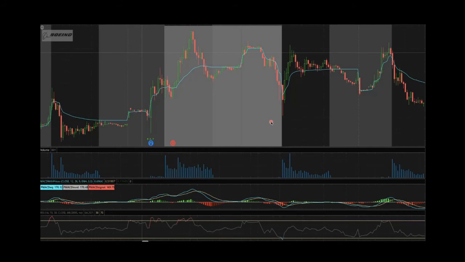Zoom out, take a look at the bigger picture. This is extremely close up, looking at it under a microscope with these 15-minute candles. But if that's what you're into with swing trading, then yeah, back it out. I trade on average anywhere between 13 and 15 minutes, in and out.